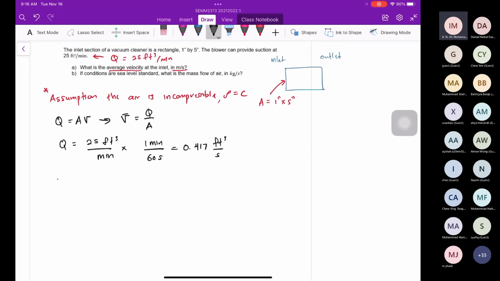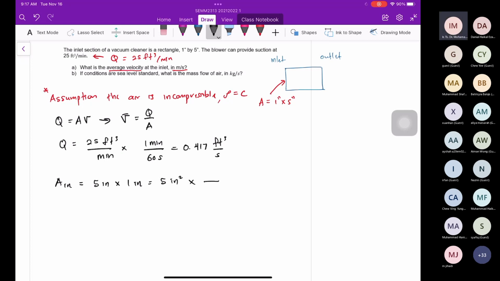And then we need to get the area, equal to 5 inch multiplied by 1 inch. You will get 5 inch squared. So I want to convert 5 inch squared into feet squared.